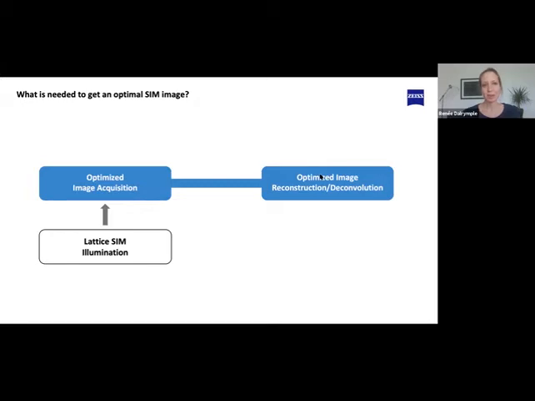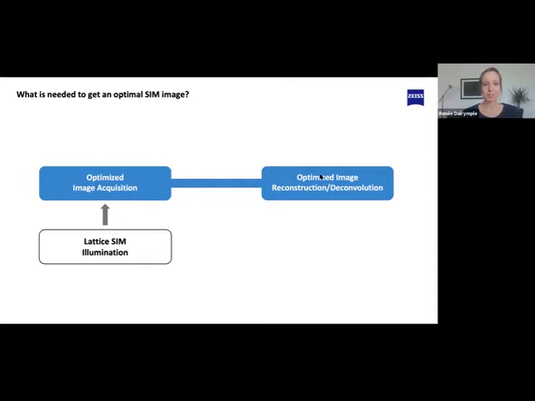So let me tell you a little bit more about how it works and sort of ease everyone's curiosity, because it's extremely important that you all understand exactly where your data is coming from and how the images come to be. So what do we need to do to optimize a SIM image? Well, there's sort of two parts to this. Of course, the first part is the acquisition.